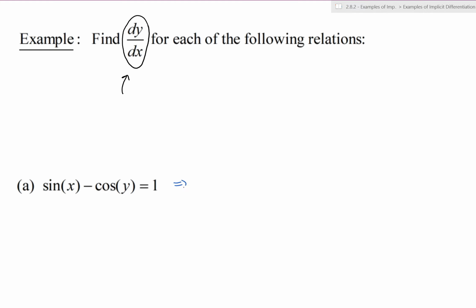Now remember the first step. The first step is always to differentiate both sides with respect to the input variable, x here. So I'm going to take d/dx of sine of x minus cosine of y, which is the same as d/dx of the constant 1.